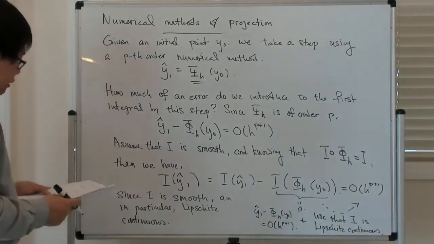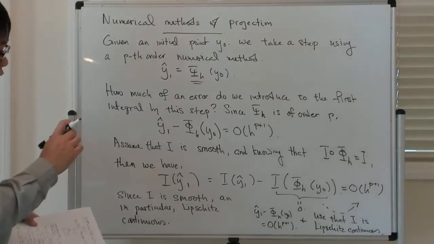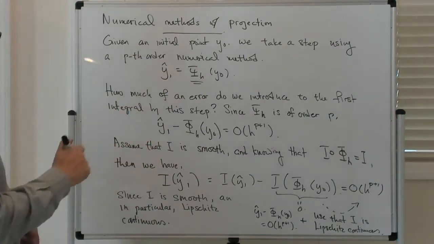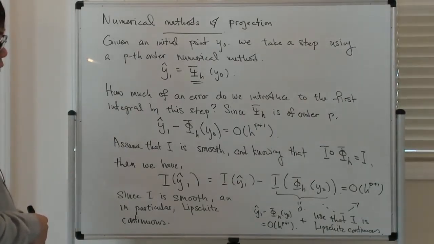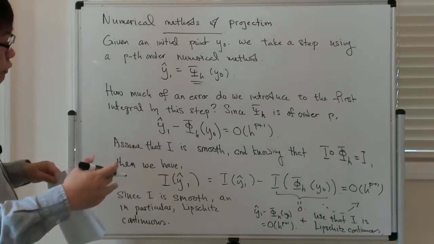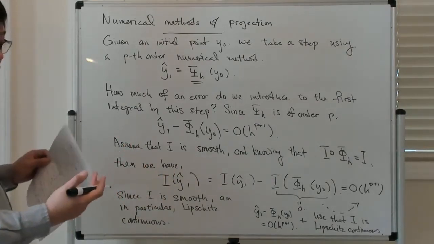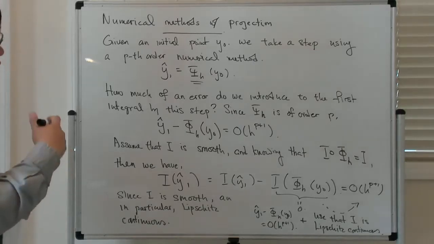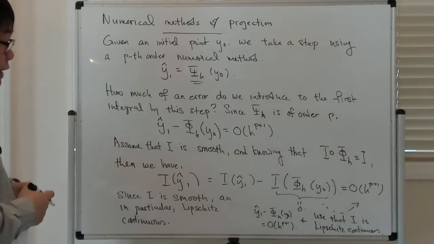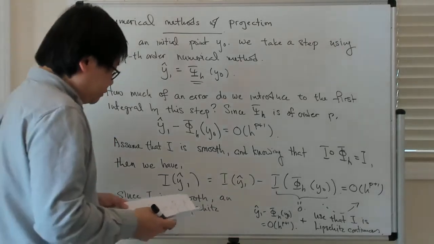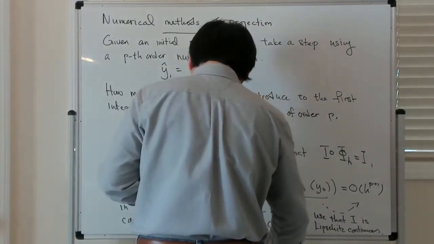All right. So that tells you that if you just accept it as it is, you just take this one step of the p-order accurate method, then in general you would drift off the zero level set of the first integral by something which scales like h to the p plus 1, where h is the time step and p is the order of the numerical method.